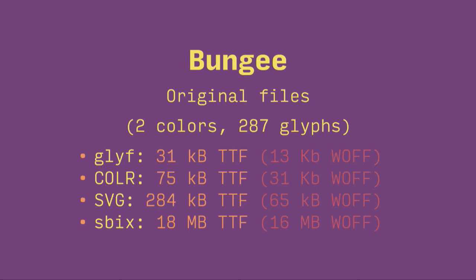The regular font is 31 kilobytes. The color font is more than twice as big, 75 kilobytes. The SVG is getting a huge 284 kilobytes. And the SBIX font, because it contains a lot of PNGs, is a hefty 18 megabytes.